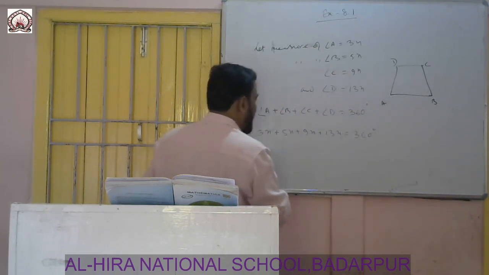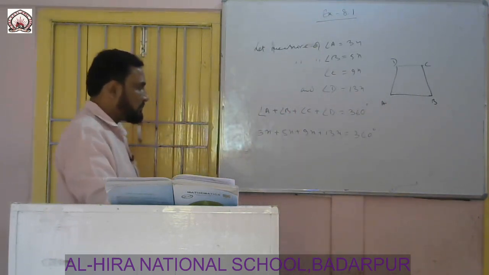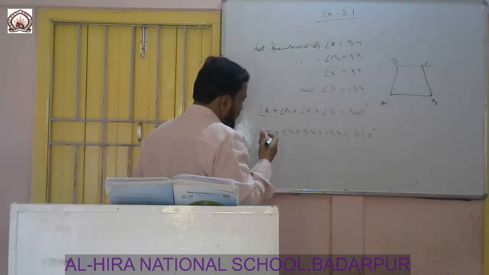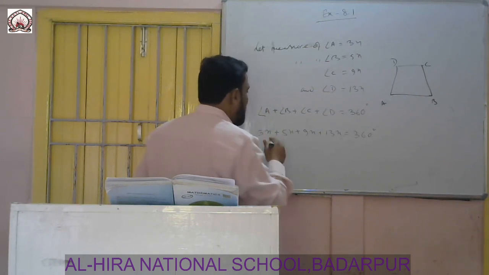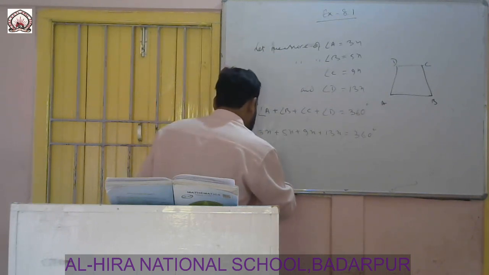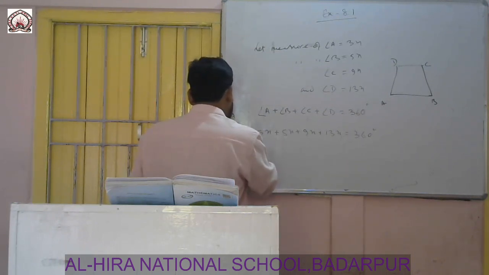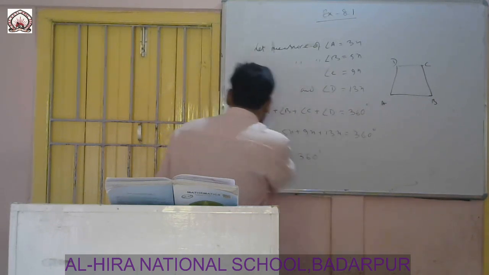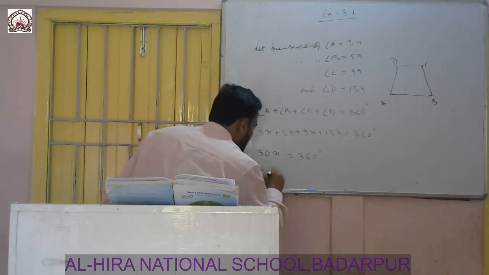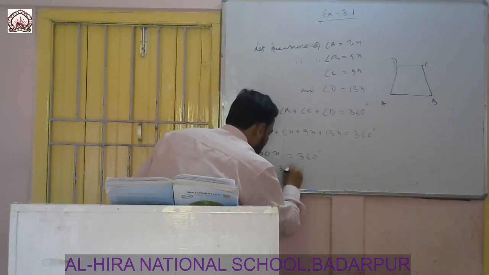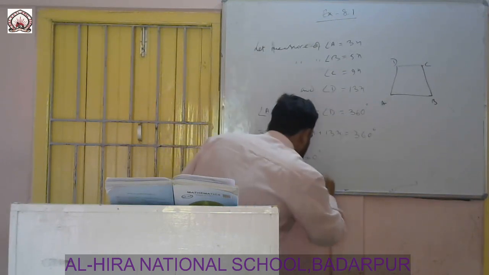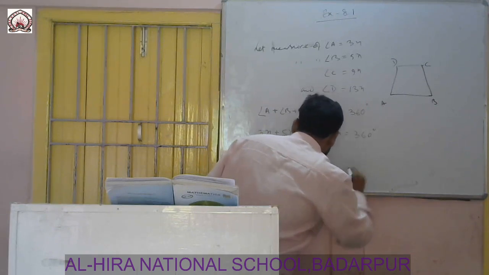So 30x is equal to 360, which implies x is equal to 360 degrees by 30, so x is equal to 12 degrees.